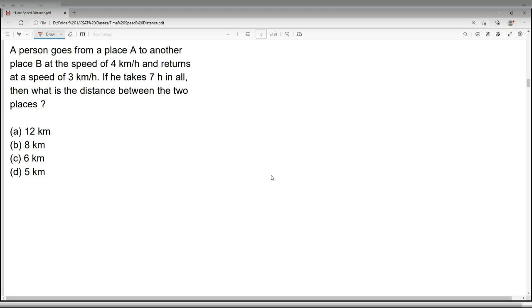So there is this place A, there is this place B, and the person is going from here like this, and again coming back to this position, and we have to find out this D. Okay, so we'll first set up a chart: speed, time, and distance.